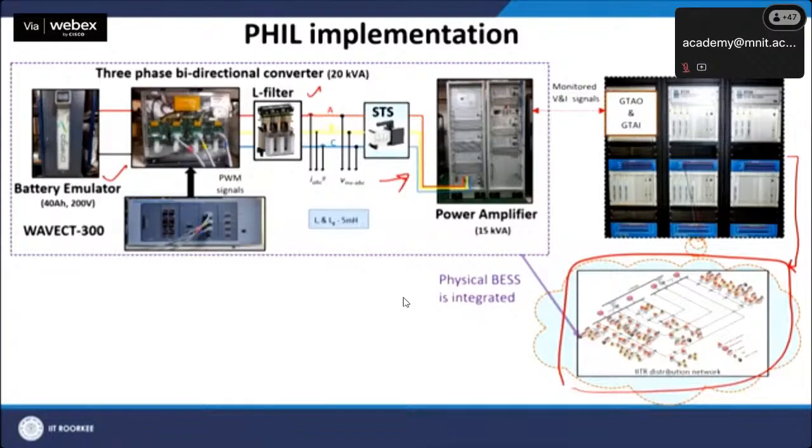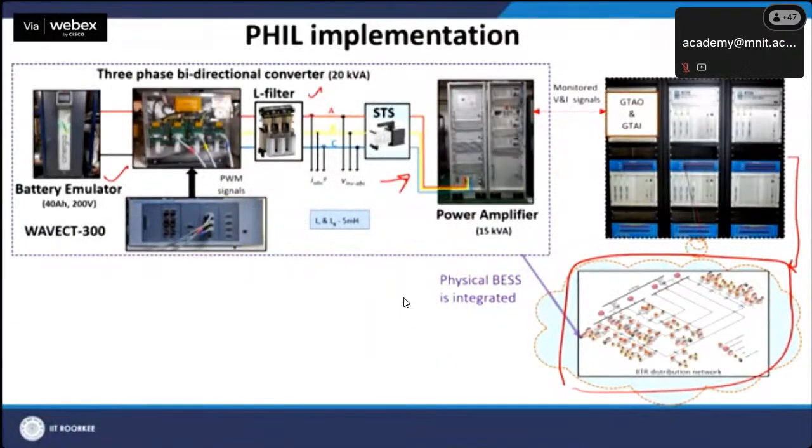A connection has been made between the power amplifier and the output terminal of the BESS converter. The power amplifier is then linked up with the RTDS in order to inject the necessary voltage and currents.